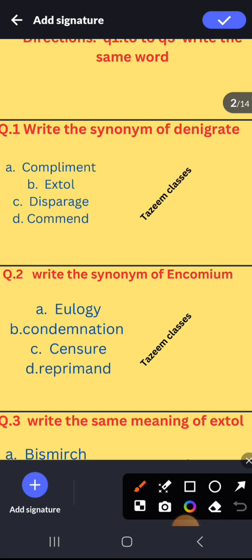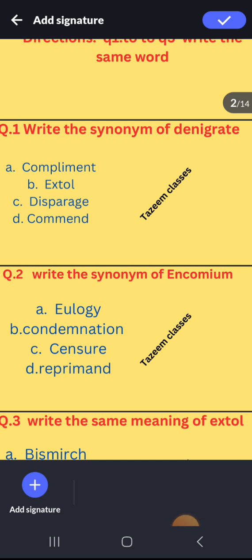So what will be the option for this question? Option A, eulogy, because it sounds like encomium. So let's move to the next question.